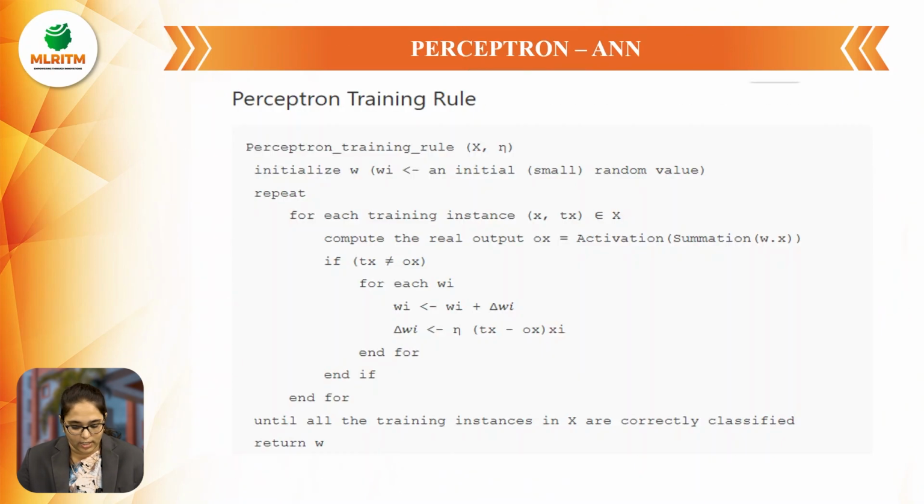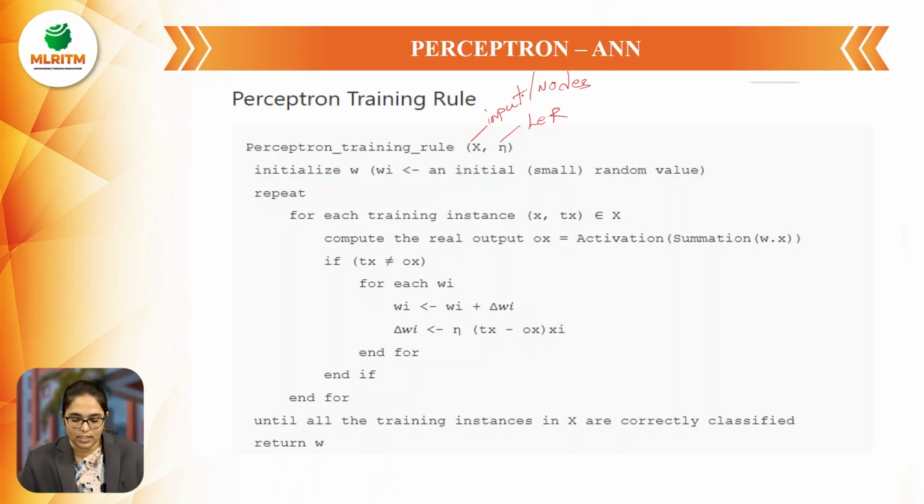Now we'll see the algorithm. This is the basic algorithm of your perceptron model. First we are considering the input, that is X, and the next one is n, which is the learning rate. X is the input, or you can call it nodes also.